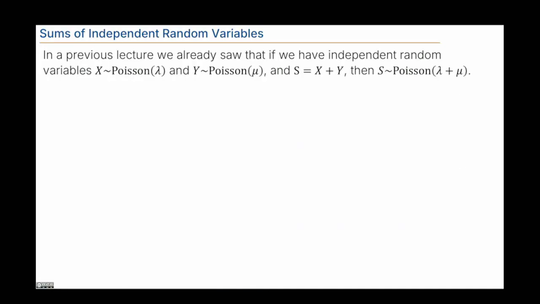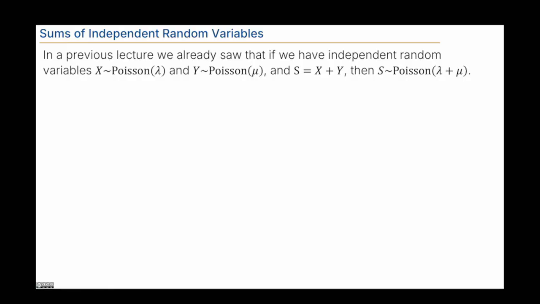So in a previous lecture, we saw that some random variables play nicely, like Poisson random variables. If you have 2 Poissons that are independent and you sum them, then the resulting sum is also Poisson, and you just sum their averages. And this makes some intuitive sense, right?